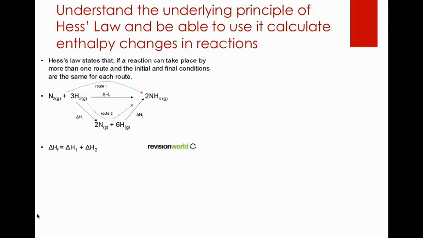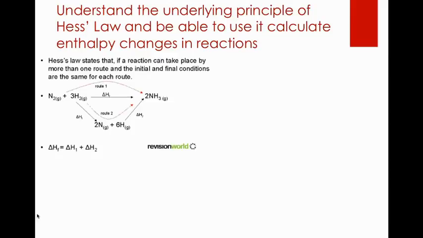The underlying principle of Hess's law states that if a reaction can take place by more than one route, and the initial and final conditions are the same, then we can compute this.